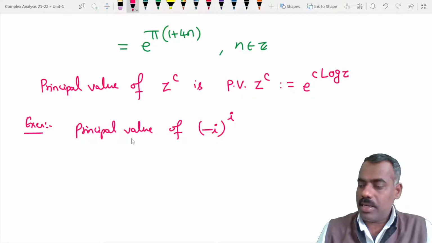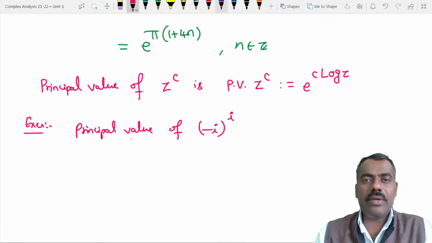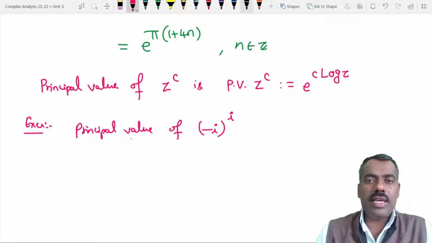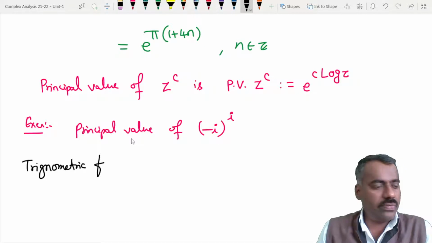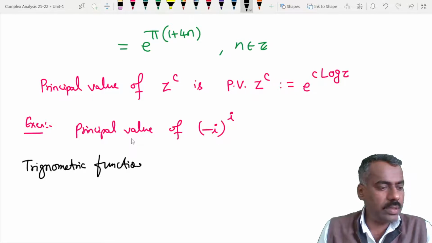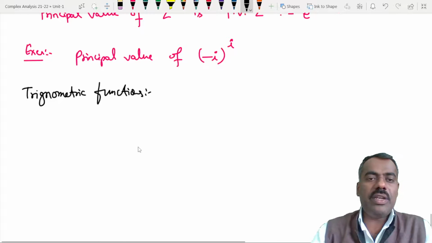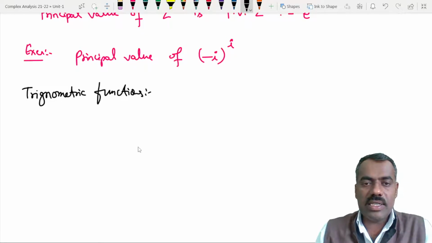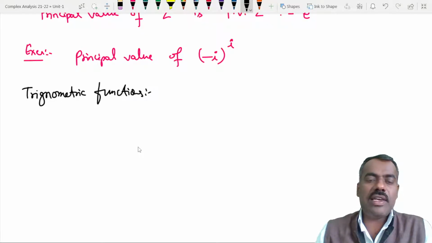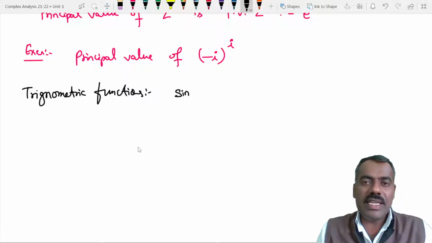Now, whatever you see in our real trigonometric functions, what do we know in calculus? Suppose we have sinh, sin x and cos x in terms of e power x and e power minus x.